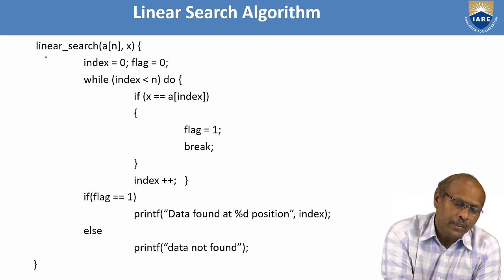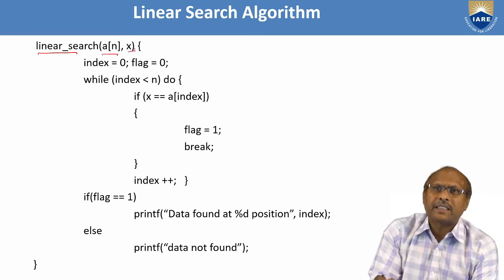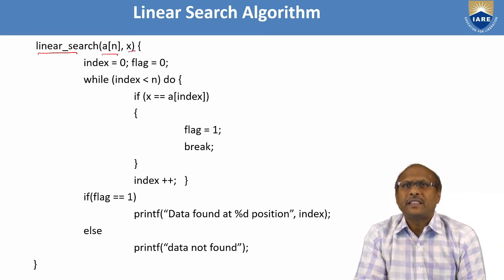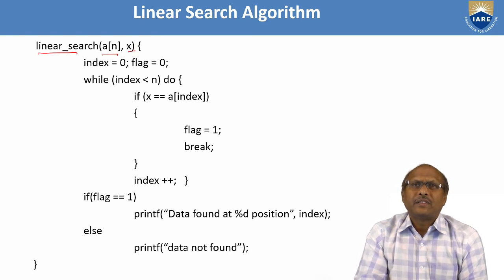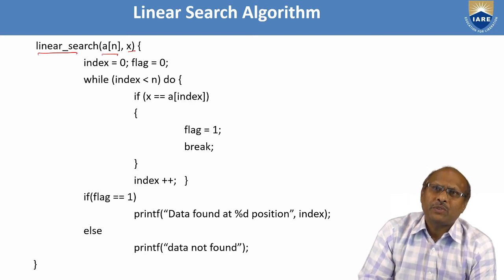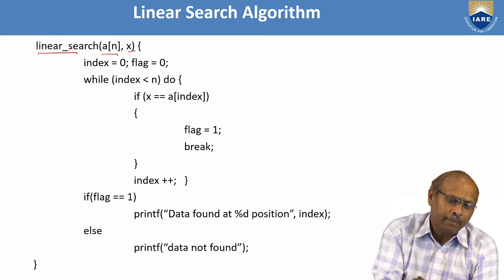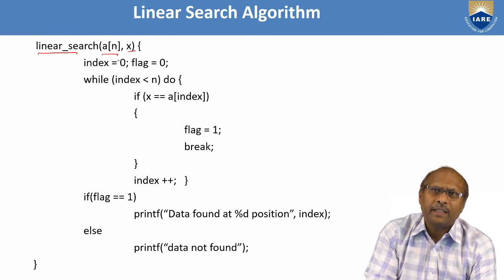I have written a small function definition, linear search with A of n and x. What is that x? My x is the required item I want to check, and here I am trying to find it from this array with size of n.